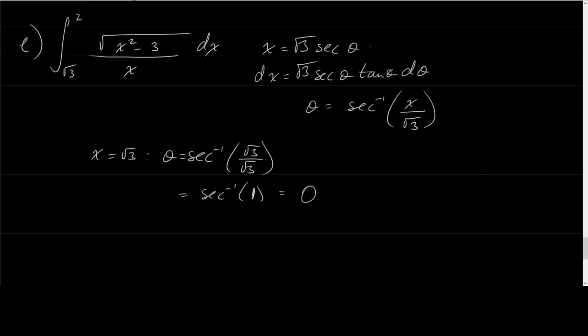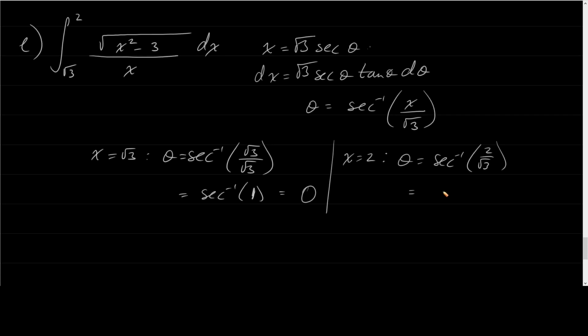And we need to figure out what happens when x is equal to 2. So when x is equal to 2, we get that theta is secant inverse of 2 over radical 3. All right? So let's think about that one. What that's saying is, what is the angle such that secant of that angle is 2 over radical 3?